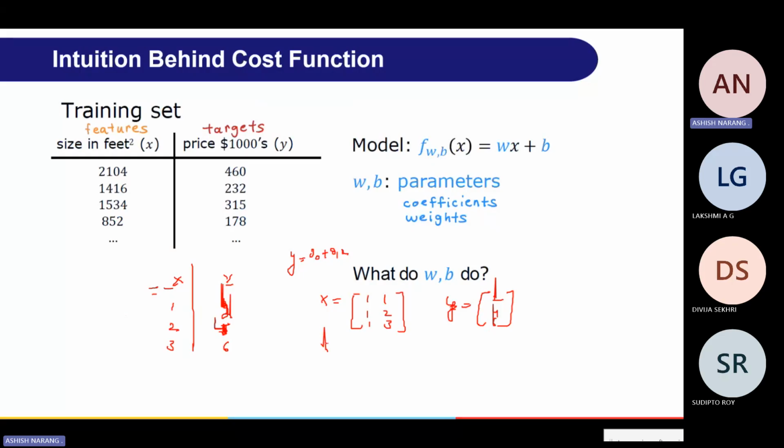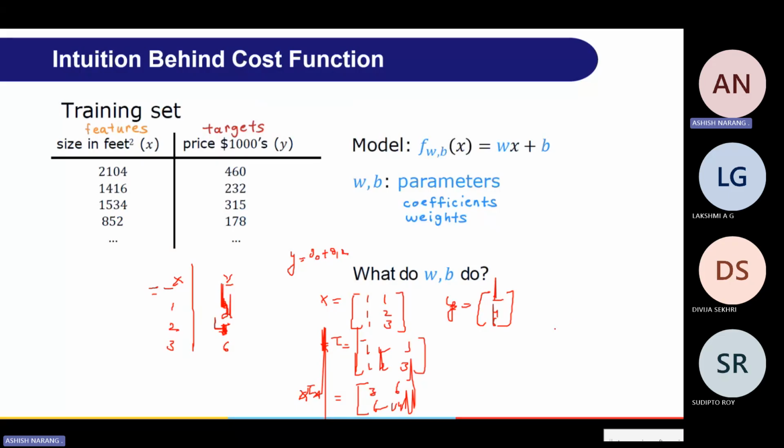Then I need X transpose X, so I multiply X transpose with X. The value comes out approximately like this: 3, 6, 6, 14. You can multiply these two and you will find out.